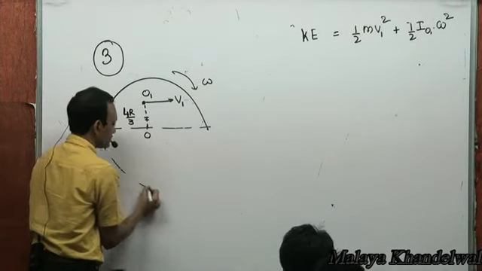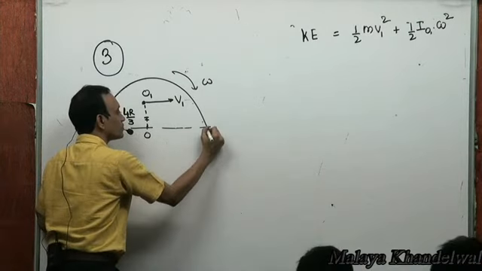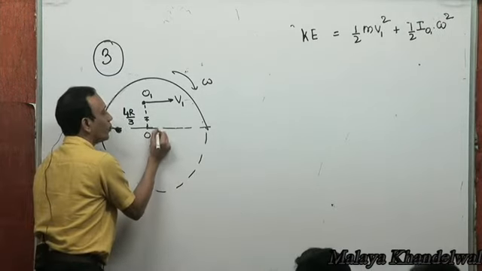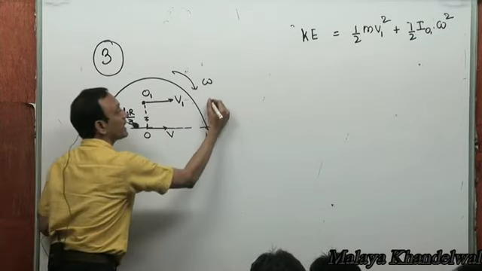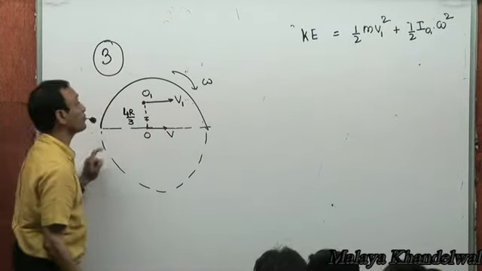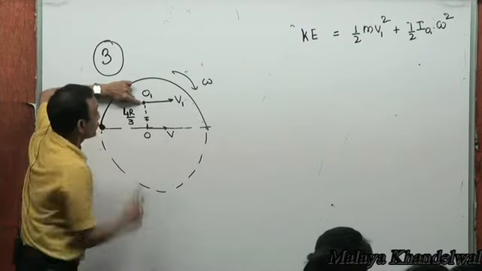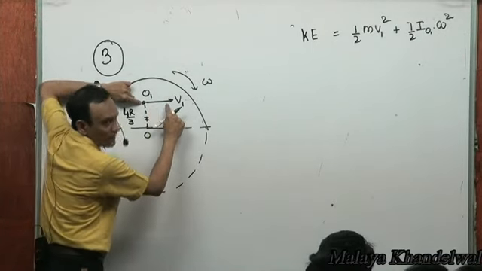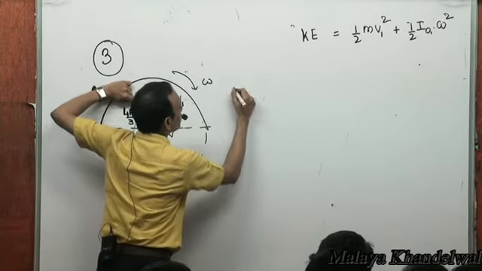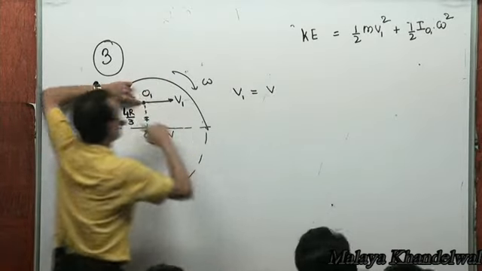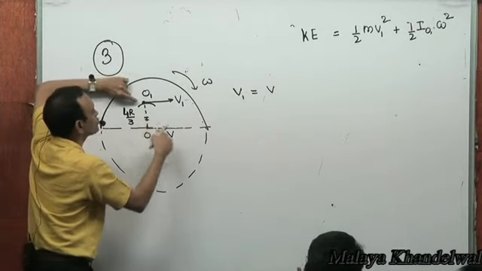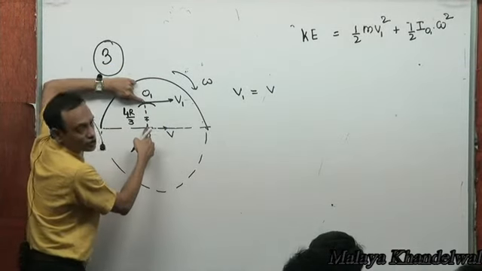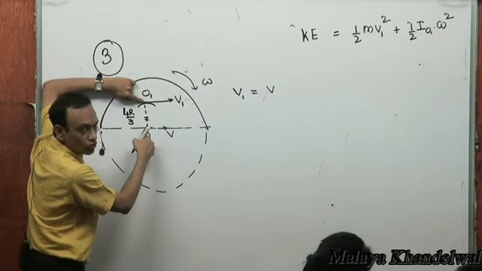The mother disk, which is the full disk, was like this, and O had a velocity v, the center of mass, and it had an angular velocity omega. Then from superposition, the velocity of O1, v1, would be v because of pure translation, and then imagine it to be in a state of pure rotation about O. It's going to be this length into omega, 4r by 3 pi into omega. Yes or no?